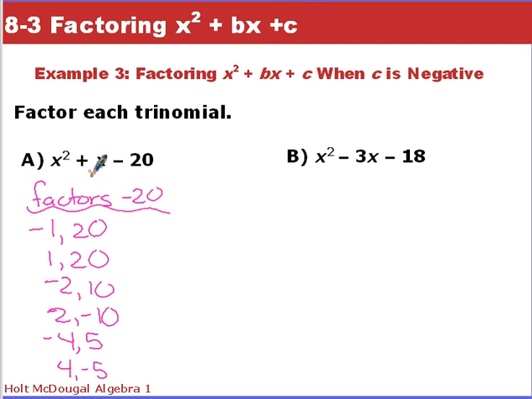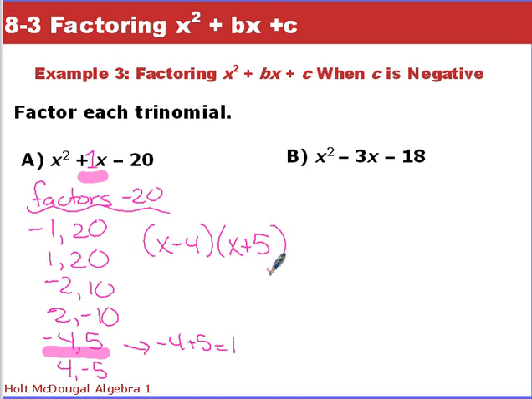Remember, there's an implied 1 here in front. So the sum, this one, -4 plus 5 equals +1. So right here, those are our two factors. So it's going to be x minus 4 times x plus 5 is going to be our factored form.